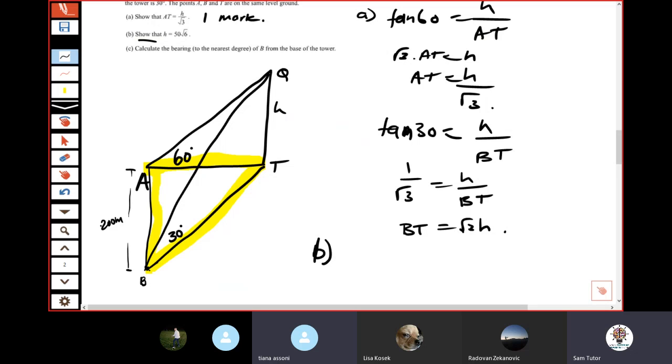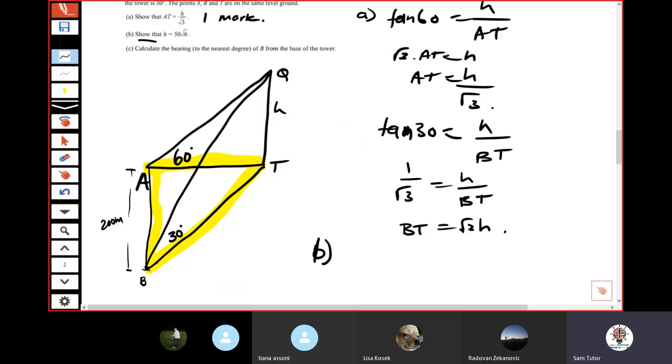Yeah. All right, to use cosine rule, you need an angle that's down here. Do you have an angle? 30. Oh, wait, no. 30 degrees is the elevation, right? Yeah. So don't get that mixed up. That's for this triangle, QBT. So you want an angle in TAB.